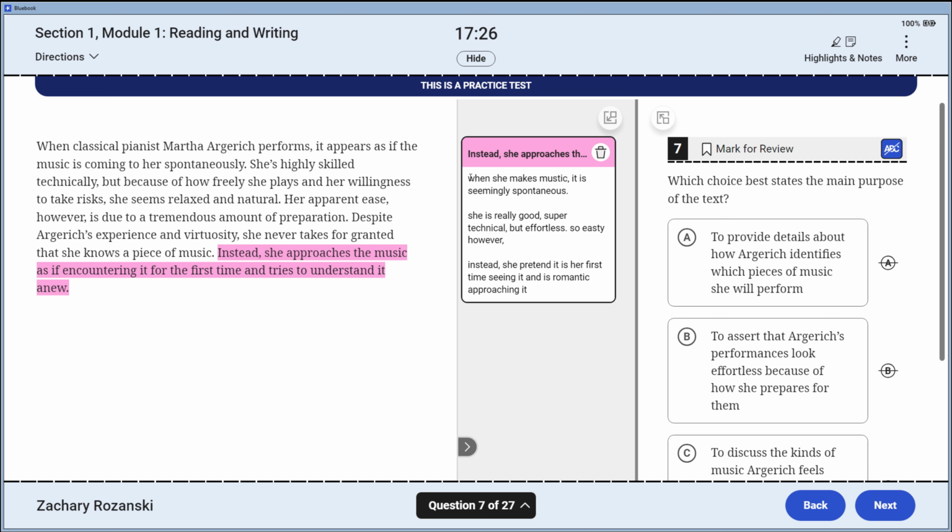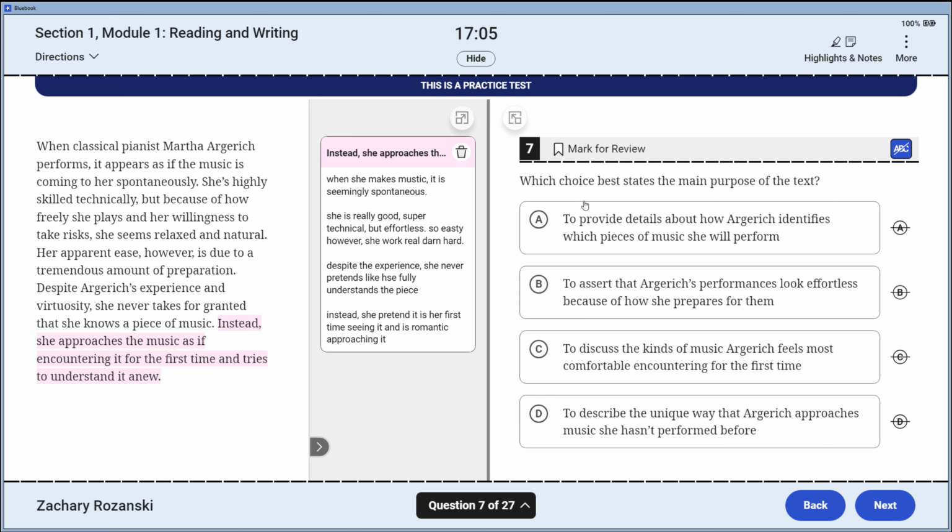However, she works real darn hard. As I continue summarizing, despite the experience, she never pretends like she fully understands the piece, and that's where my instead's going to be. And what a grinder she is. Inspiring lady is this person.